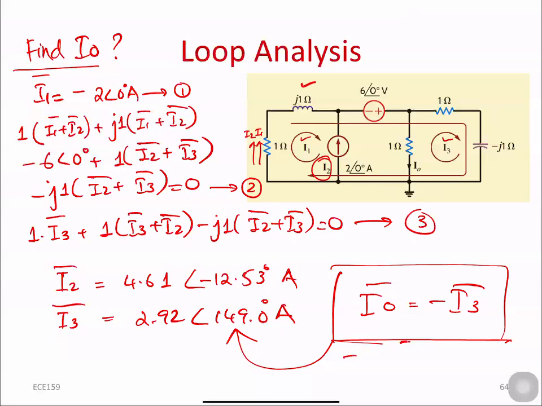So please remember that when I naught is negative I3, you have to flip its phase. What does that mean? The magnitude is the same, however you have to subtract 180 degrees. Now this is I naught, right?